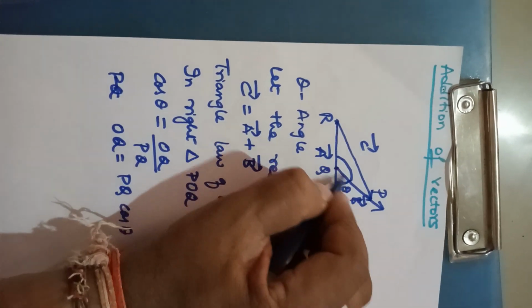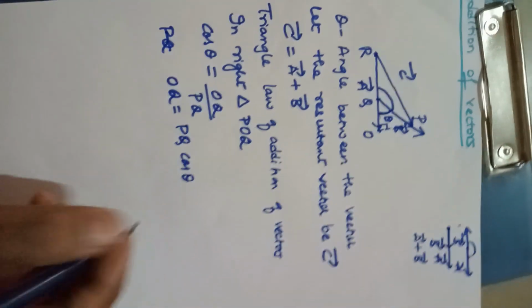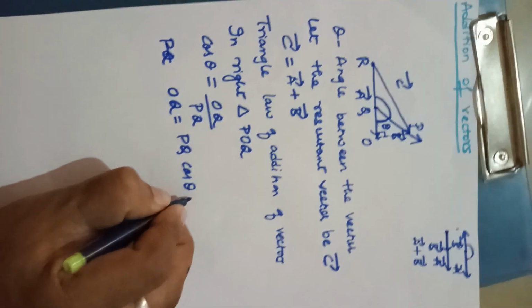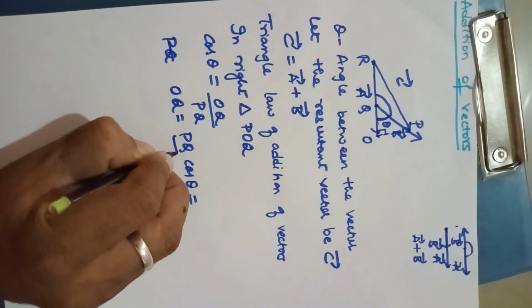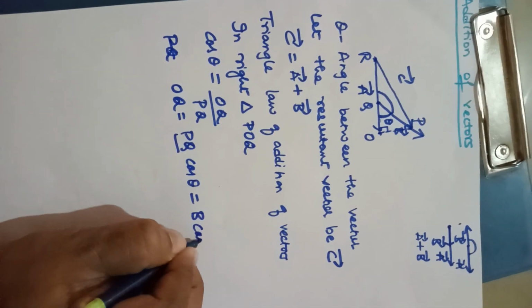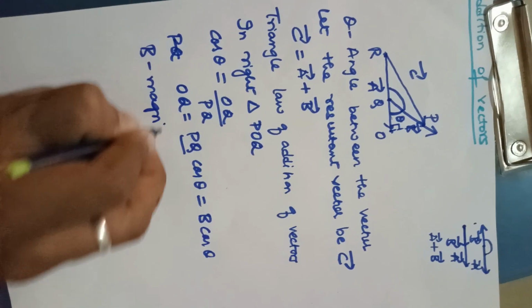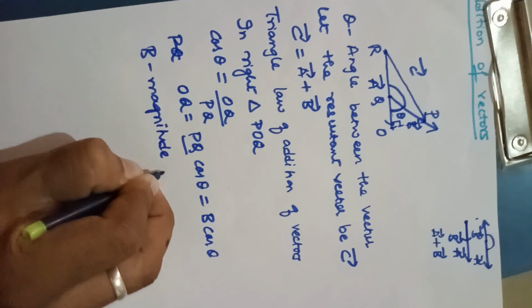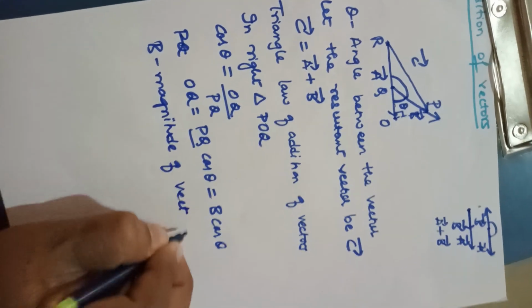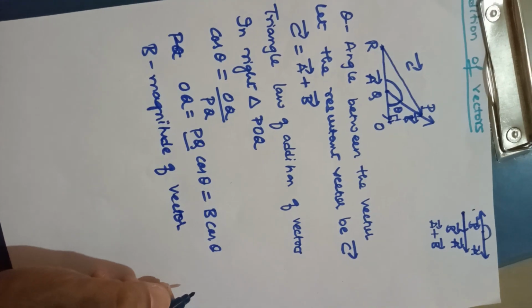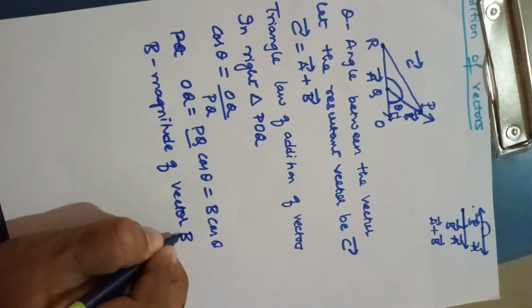If I take the length of PQ, PQ represents the magnitude of vector B. So in place of PQ, I'll write B cos theta. So what is B here? It is magnitude of vector B.